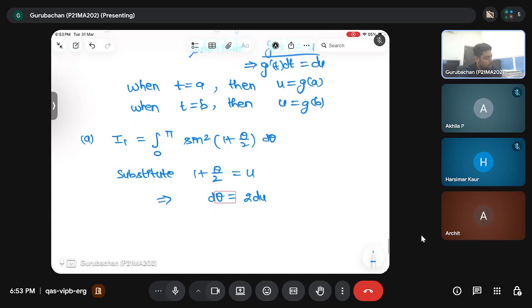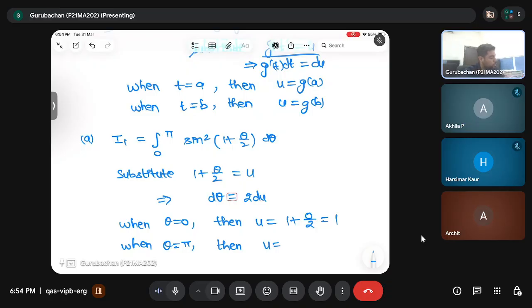Yes, sir, 2 du. Now we need to decide the limit of theta. When theta is 0, then u will be 1 plus 0 by 2, that is 1. When theta is equal to pi, then u is equal to 1 plus pi by 2.